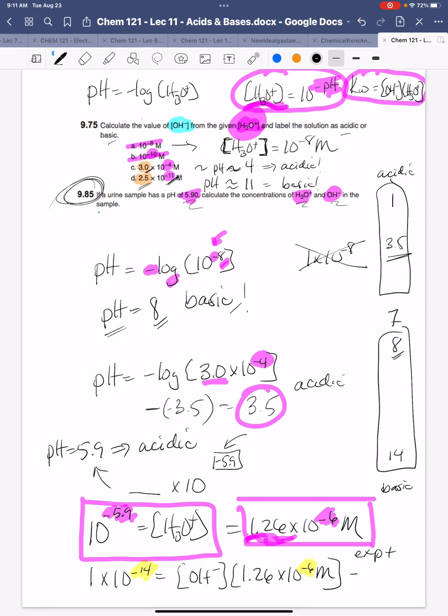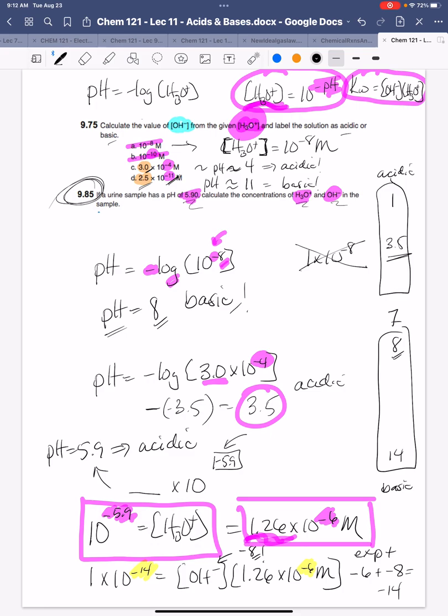So if I have negative 6 plus negative 8, I get negative 14. So I can already anticipate that this exponent is going to be somewhere close to negative 8. If I had a multiple choice question, I could look at that and figure it out without even doing any math.